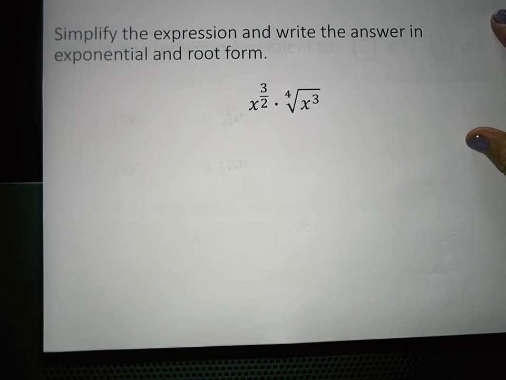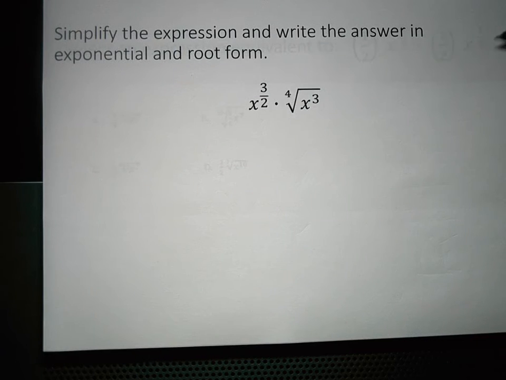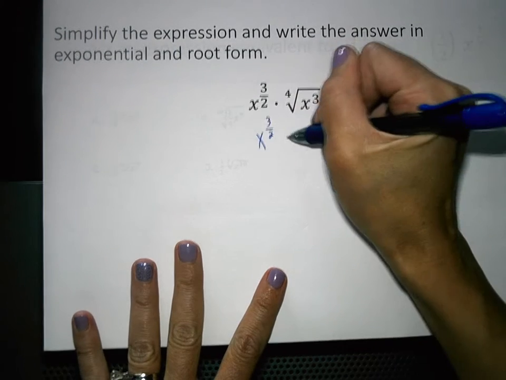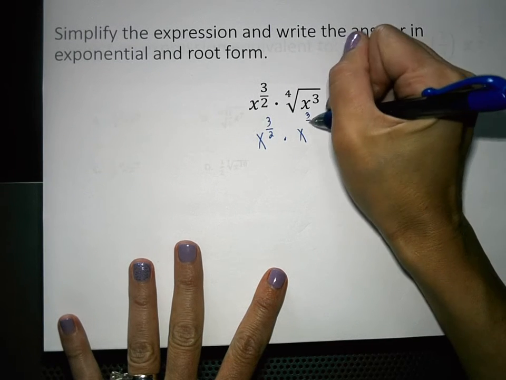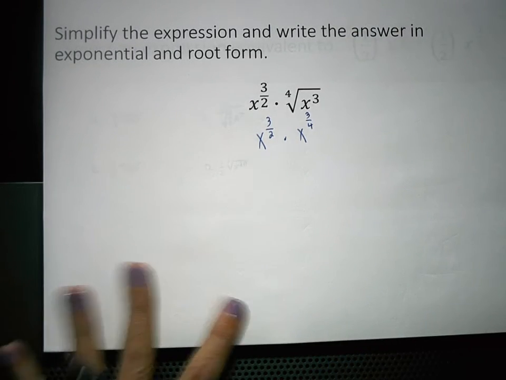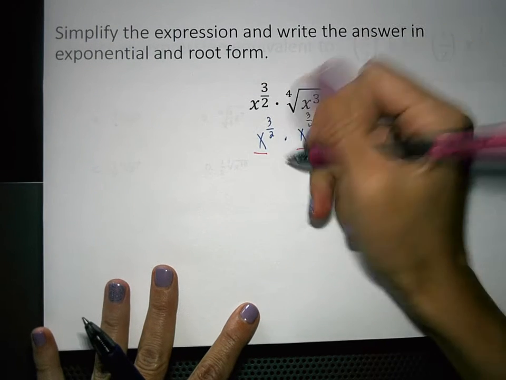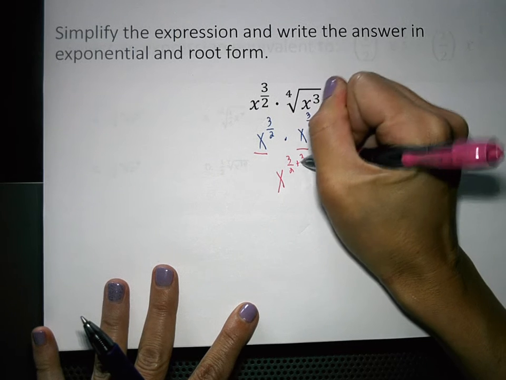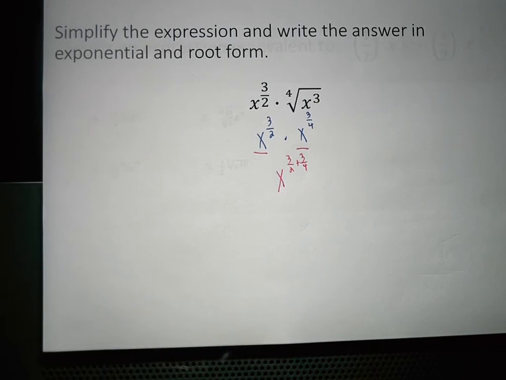Here we go. Simplify the expression and write the answer in exponential and root form. So we're going to first start by changing these both to exponential form, and that's going to make this x to the 3/4 power. Since they both have the same base of x, we can add the exponents. So you have x to the 3/2 plus 3/4. In order to add those together, though, they need to have common denominators.